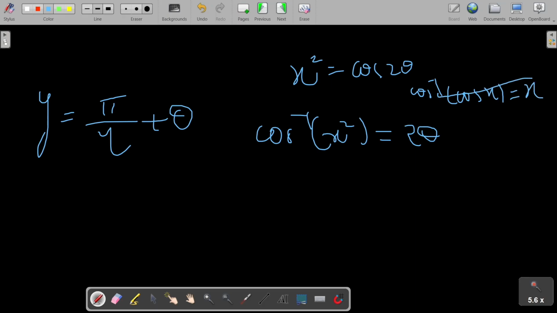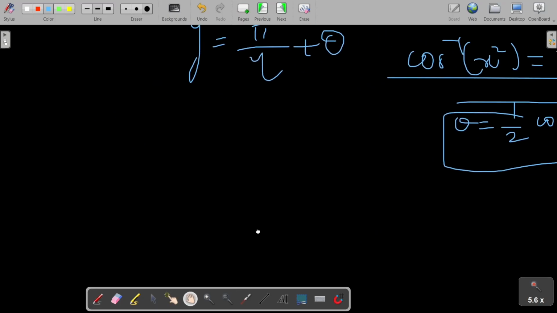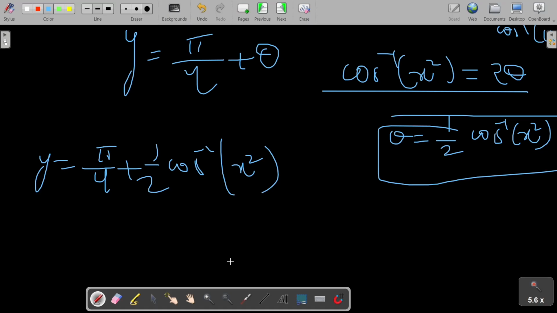So by using this, we can send this cos to this side. It becomes cos inverse of x square, and to solve for theta, I'm going to divide by 2 on both sides. So theta is simply cos inverse of x squared over 2. So I get y is equal to pi by 4 plus 1 over 2 cos inverse of x squared.